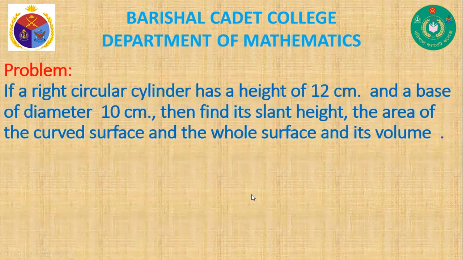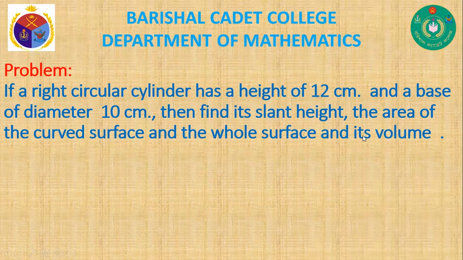Now we will solve a problem related to these formulas. If a right circular cone has a height of 12 centimeter and a base of diameter 10 centimeter, then find its slant height, the area of the curved surface, the area of the whole surface, and its volume.